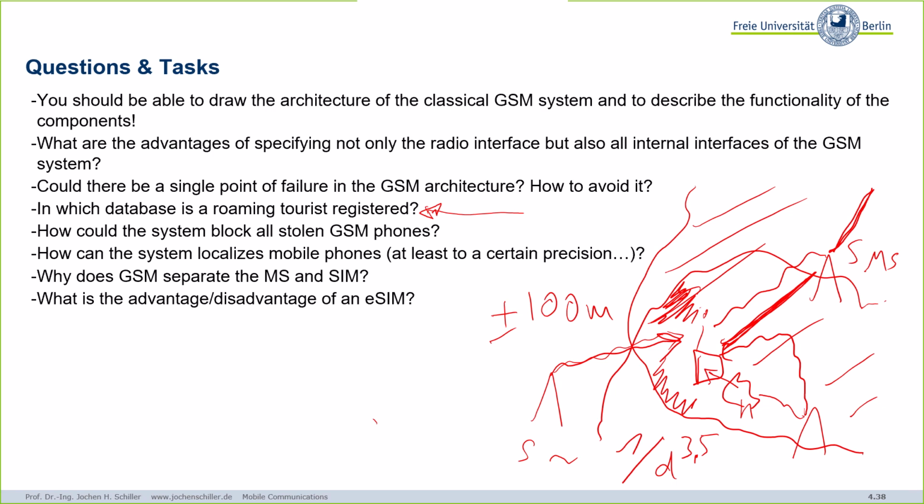It's a wireless technology. So yes, if you do angulation or triangulation with three base stations, then you can at least localize someone in a 2D plane. If you have four base stations, you can localize someone in a 3D space.